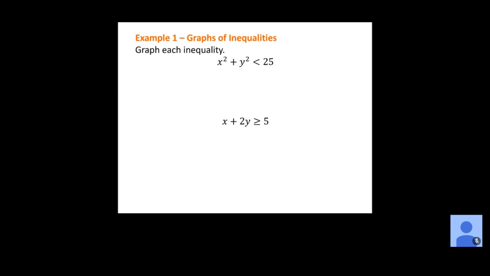What do we know about that circle? Okay, it has a radius of 5, right? Because don't forget, r squared is equal to 25 in this case. When you take the square root, though, the radius would be 5, right? What else do we know about the circle?